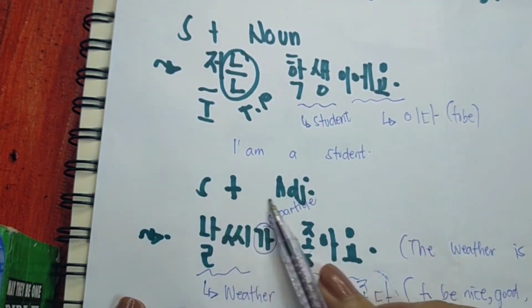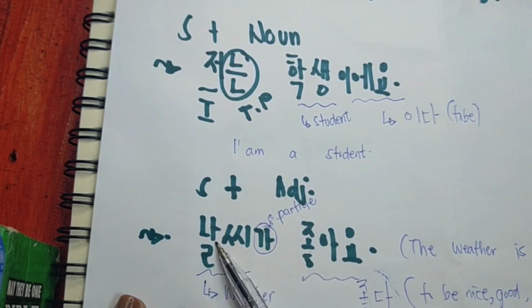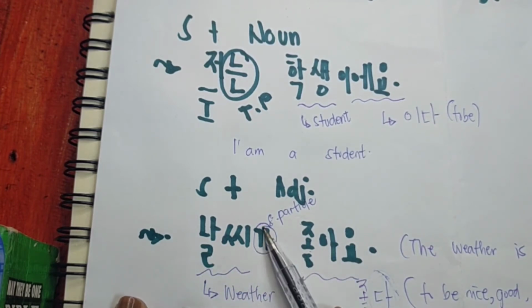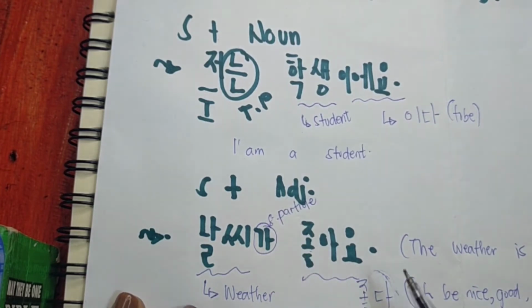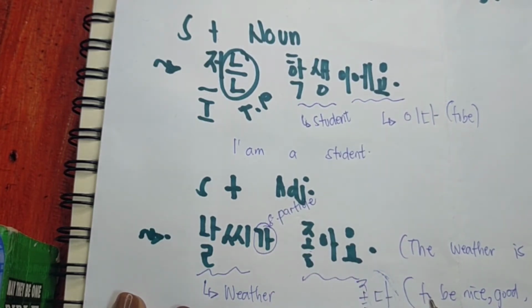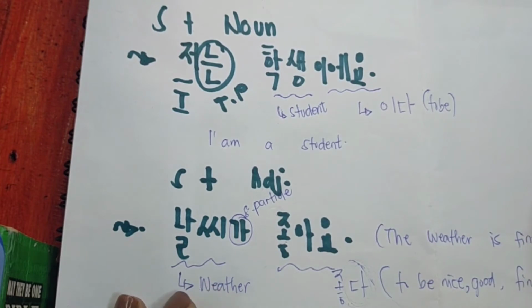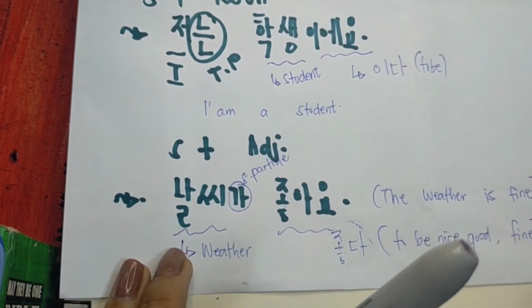And subject plus adjective naman, ang example is 날씨가 좋아요. 날씨 yung subject dito, means weather. Ga, subject particle. And 좋아요 from the verb 좋다, means to be nice, to be good, or to be fine.